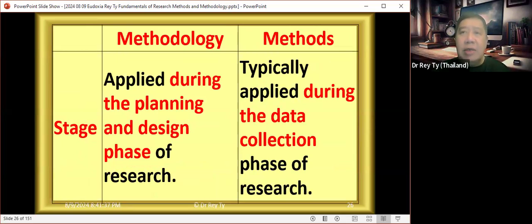Or should I start with a hypothesis? Therefore, it's hypothetical deductive. So that's still planning. What will I do? How should I plan to write my paper? The methods part is when you are already actually collecting data. Okay, so again, those are two different stages.